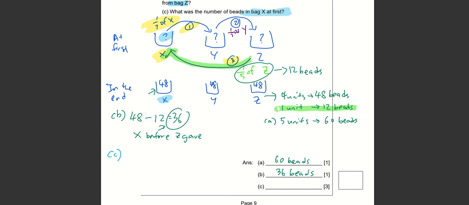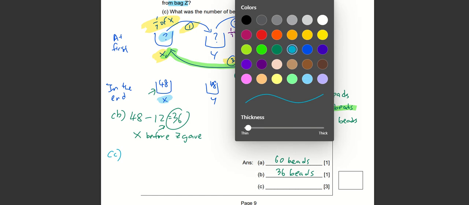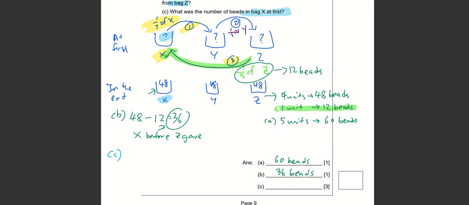Meaning, looking at this one, this amount here, after giving 1/7 to Y, X has 6/7 left. And that was when Z decided to give 12 to it.